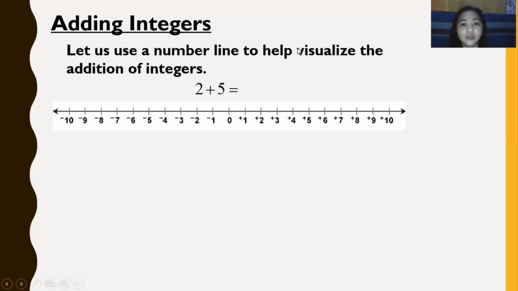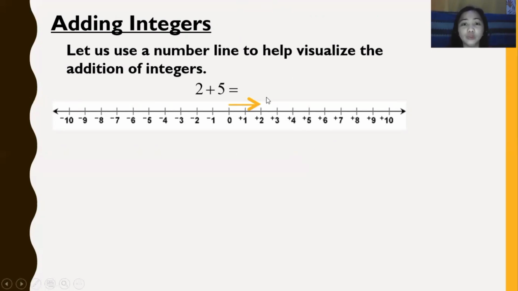Now, let's first plot, or let's see where is positive 2 here. So we have 0. Positive is going to the right, so we need to count 2 units from 0 to the right. So we have 1, 2, and that is positive 2. And then add positive 5.